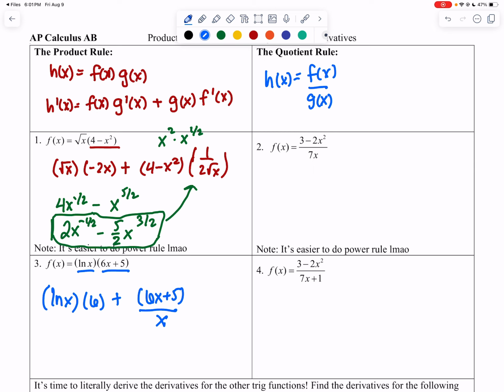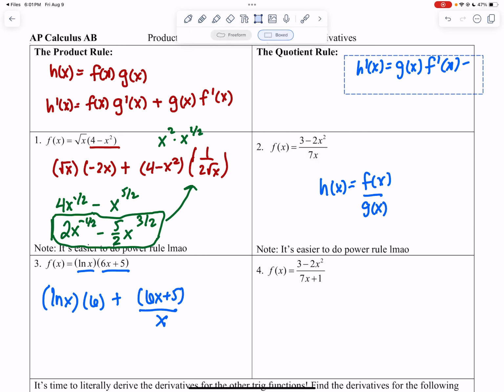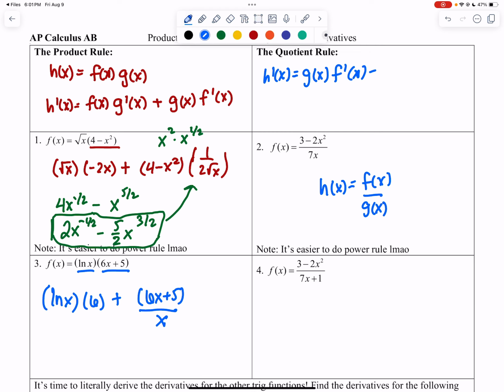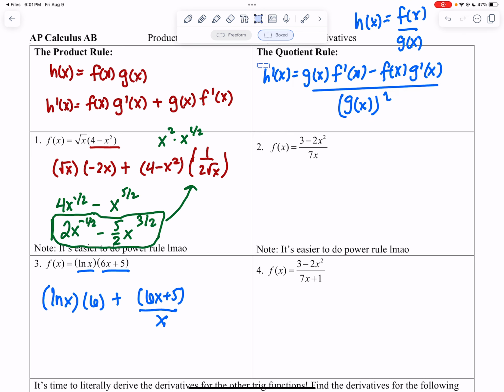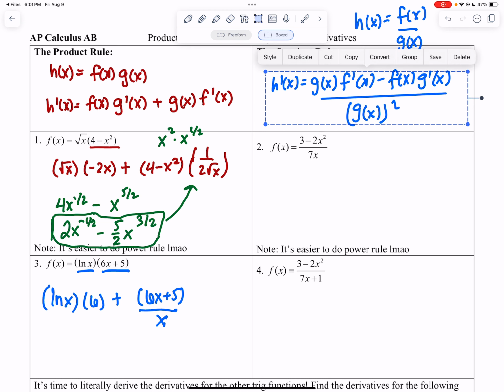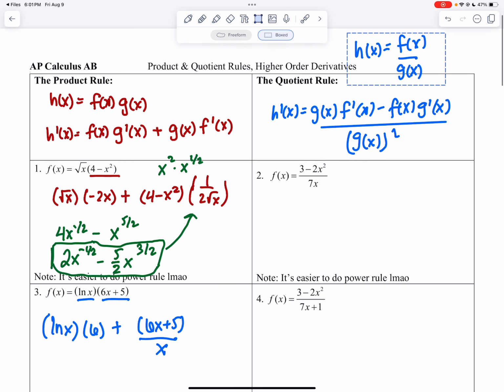Well, to take the derivative of this, we are going to do low d high minus high d low all over low square. And this right here would be my derivative for two functions with a quotient.